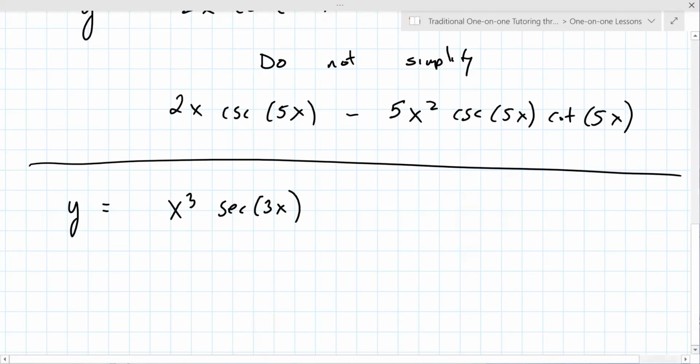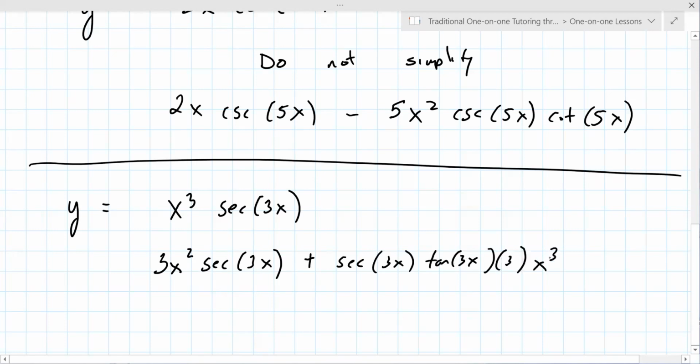So is it 3x secant 3x? 3x squared. Oh, secant. Do that. Yep. 3x secant 3x minus. Oh. Plus. It's plus, and then derivative of secant is secant 3x tangent 3x times 3, right?